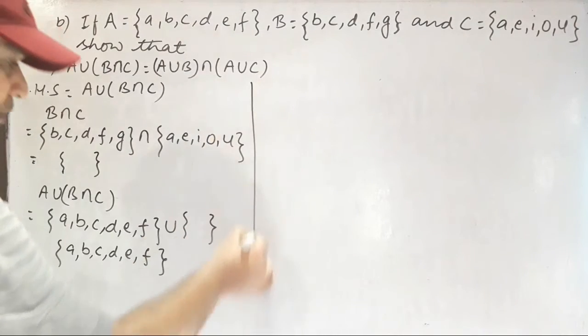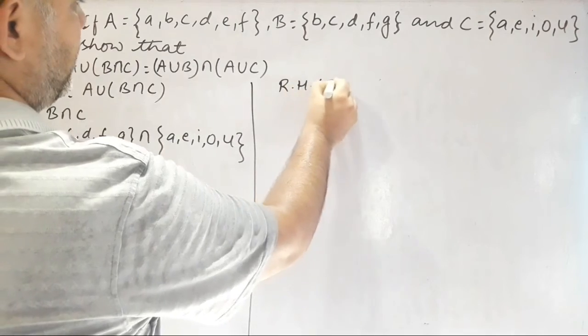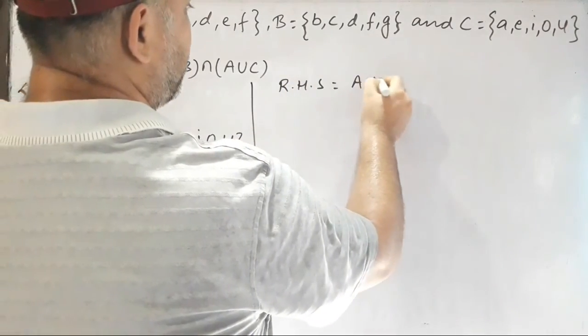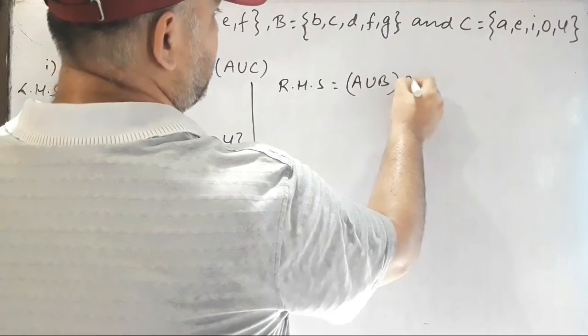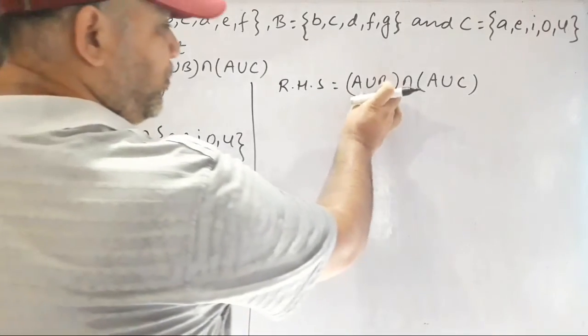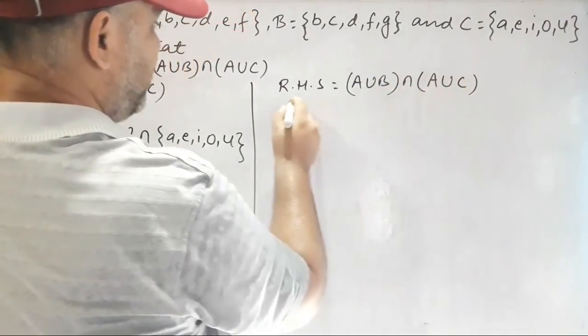Now let's come to the right hand side. In the right hand side, we have got (A union B) intersection (A union C). Here there are two brackets, and the operation in the two brackets we shall perform one by one.